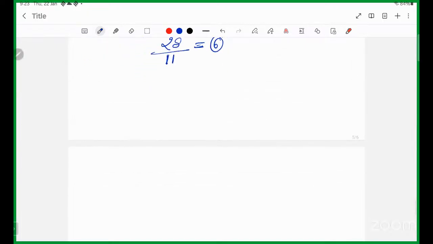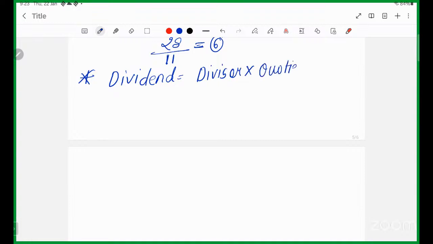Okay. Remember one more formula, that dividend is equal to divisor into quotient plus remainder.